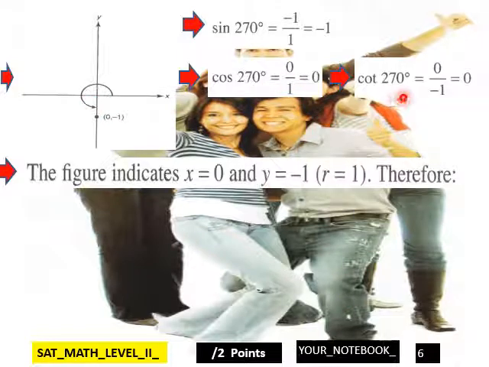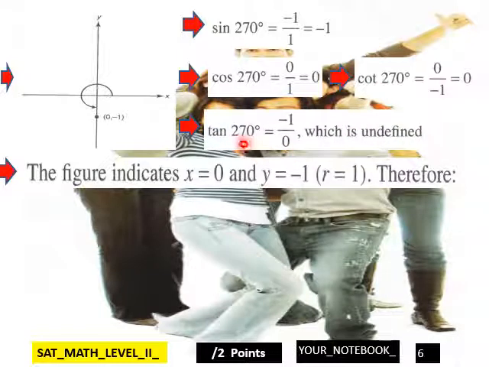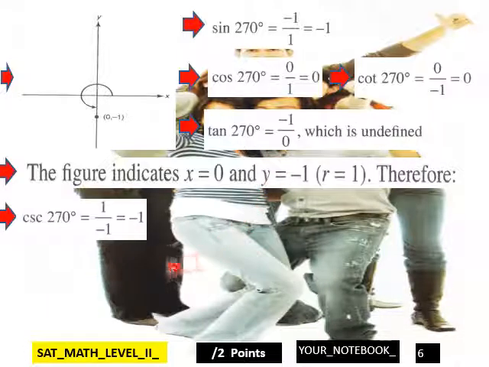And then for cotangent 270, we have 0 over negative 1 as well. Why? Because tangent 270 degrees equals negative 1 over 0, which is undefined. So our tangent here is undefined, whereas our cotangent would be 0 in that case.